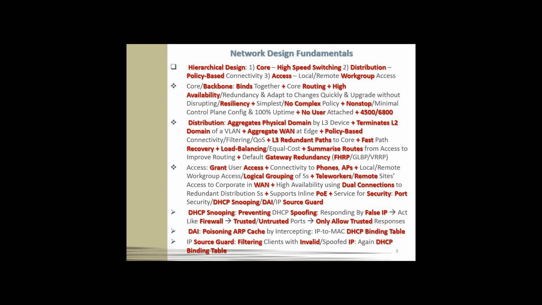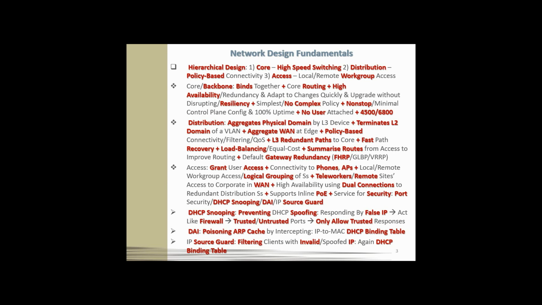And this can only happen when DHCP snooping is enabled. And that's why I said we need DHCP snooping to be enabled so that we can have DAI enabled. When DHCP snooping is enabled, then we can have the address binding table formed dynamically, built from information gathered in DHCP request and reply.